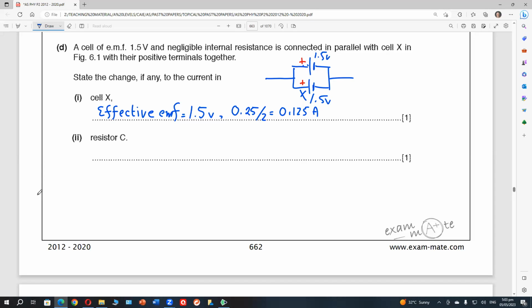Now, how much current will each give, if both of them give 0.125?